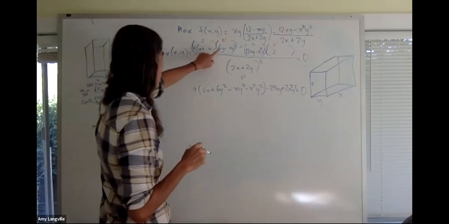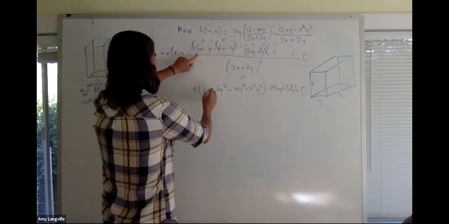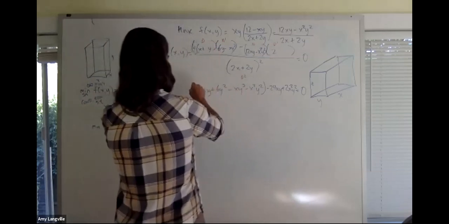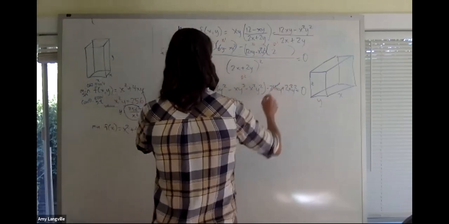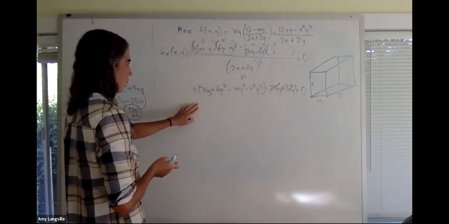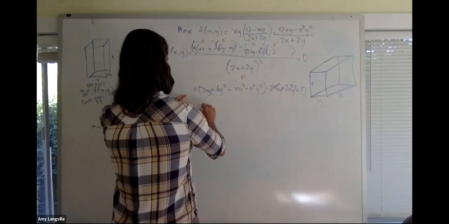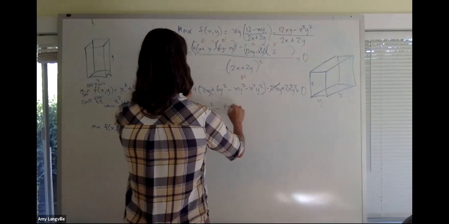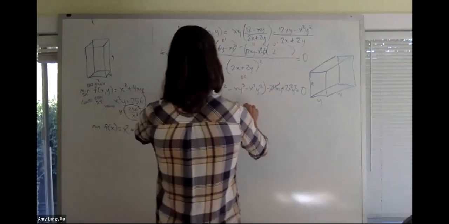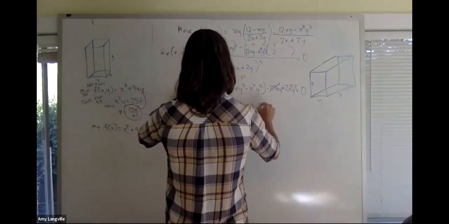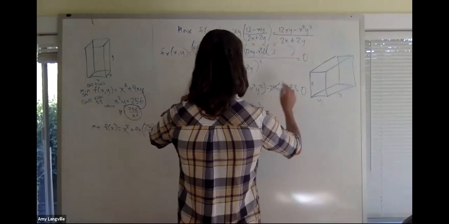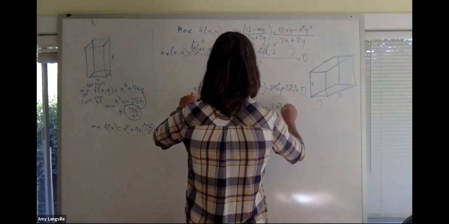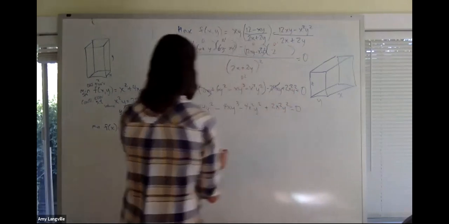Oh, here's the 6xy, right? 6xy. Okay, there's a 24xy. That's going to go with that one. So I've got something like 24y squared minus 4xy cubed minus 4x squared y squared plus 2x squared y squared equals 0.